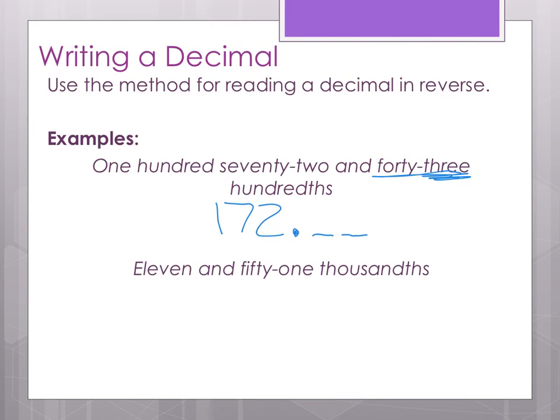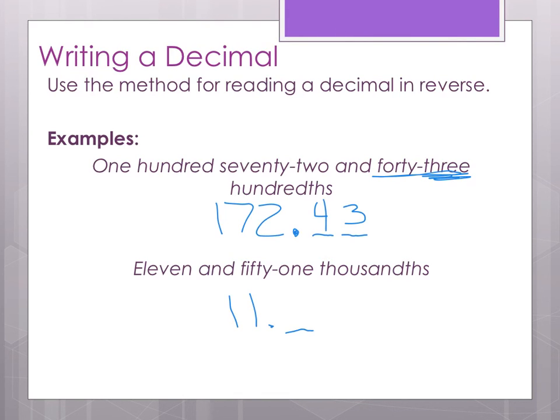So I like to write it backwards. 3 and then 4. Alright, so there we have 172 and 43 hundredths. Second example, we have 11 and 51 thousandths. So we'll write the whole number first, 11, and is our decimal point, 51 thousandths. Now the thousandths place is 3 places past the decimal.